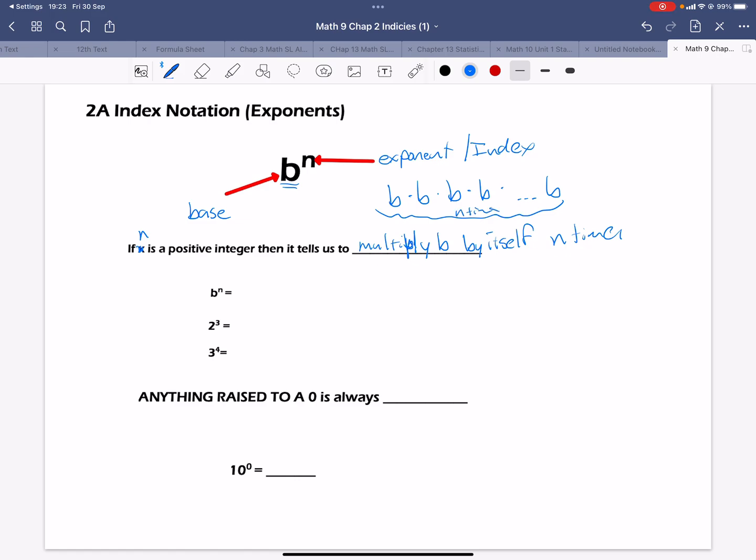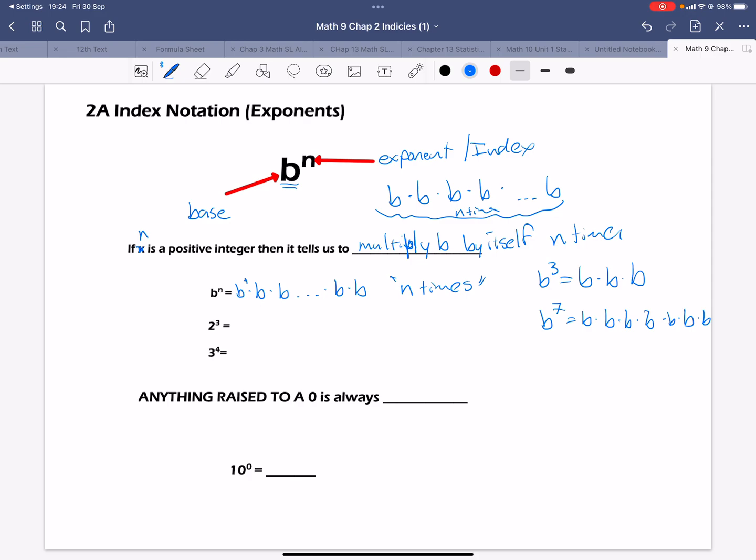So for example, b to the n is b times b times b ... times b, n times. N being any number that we have. So if we have b cubed, it would be b times b times b. If we had b to the 7th, it would be b times b times b times b times b times b, 1, 2, 3, 4, 5, 6, 7.